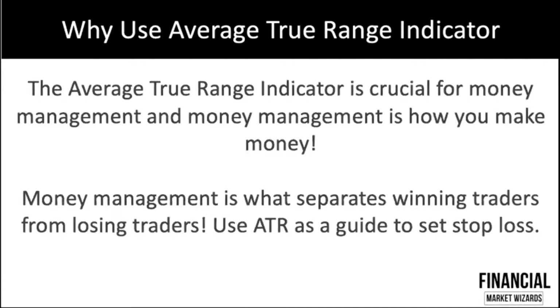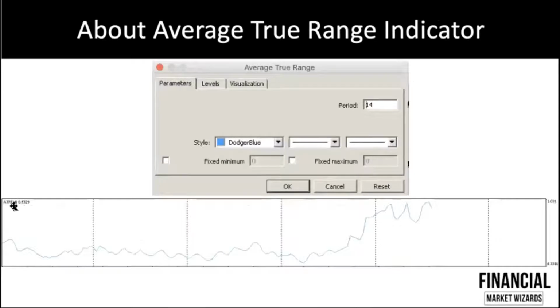So how do you use the average true range indicator? You can use the ATR as a guide to set your stop loss. What do we mean by that? For example, earlier we said the average true range is 93 pips. Let's assume this is a daily chart.